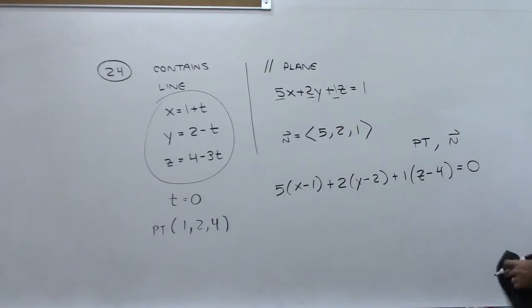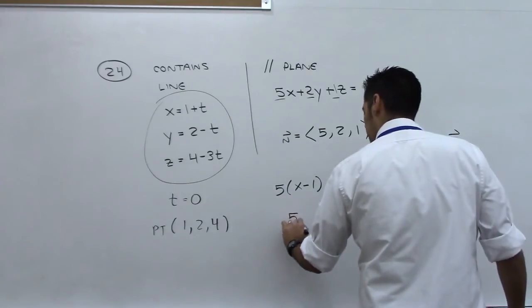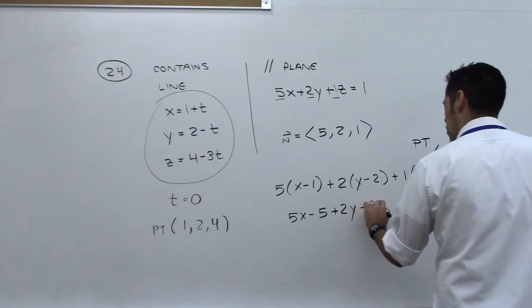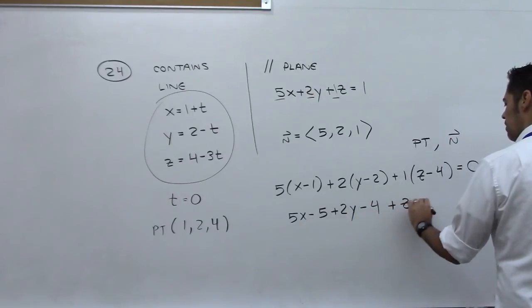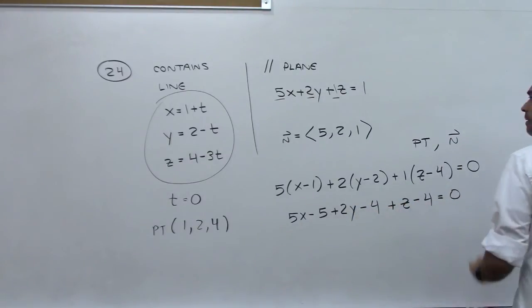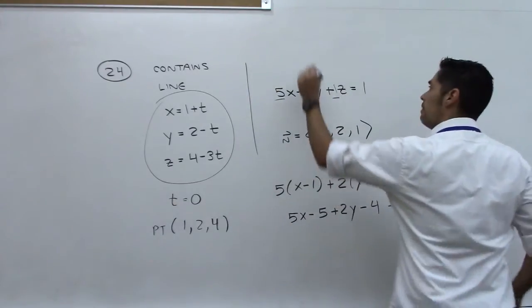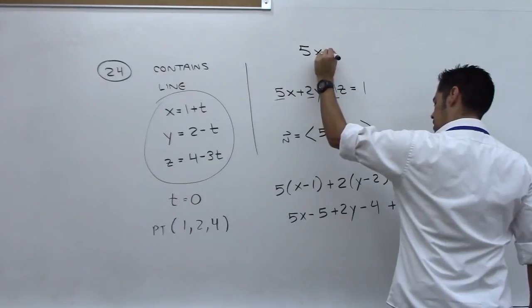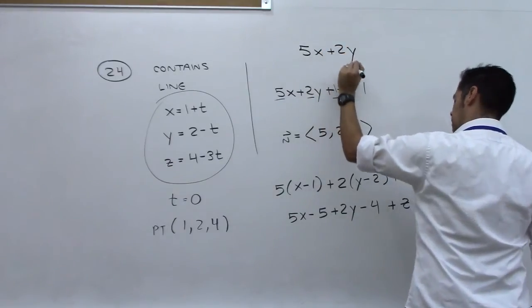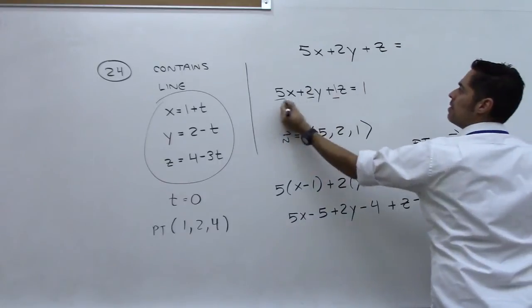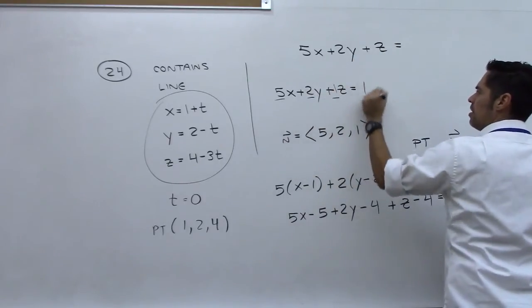There it is. Let's distribute through. 5x minus 5 plus 2y minus 4 plus z minus 4 equals 0. So we wind up with an answer of 5x plus 2y plus z equals, look, these are the same, but this number is going to be different.